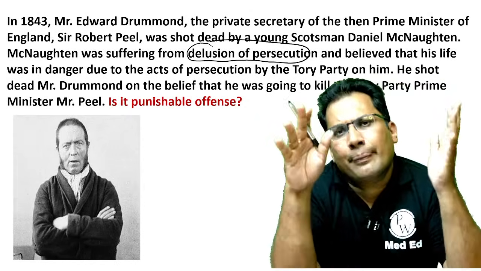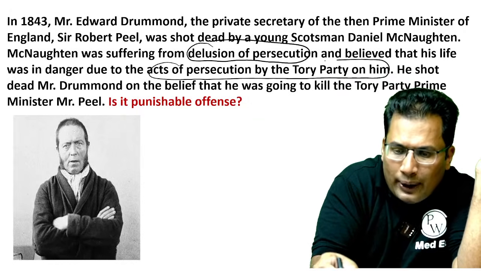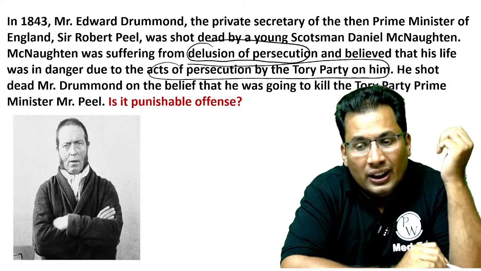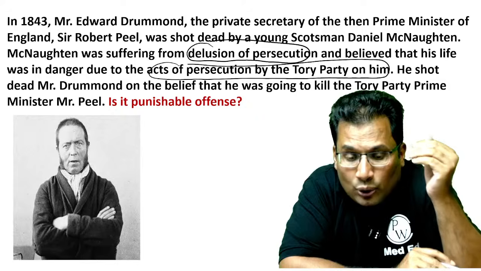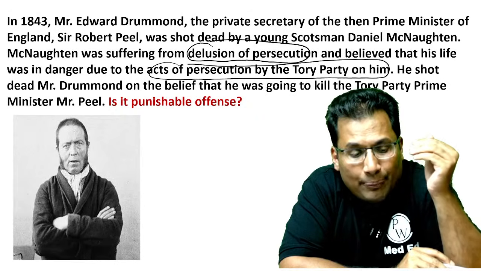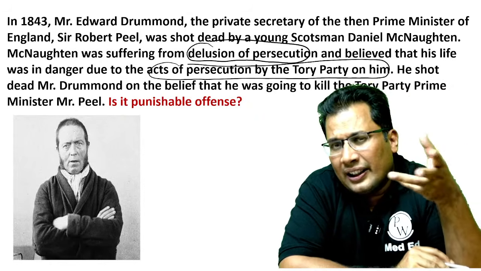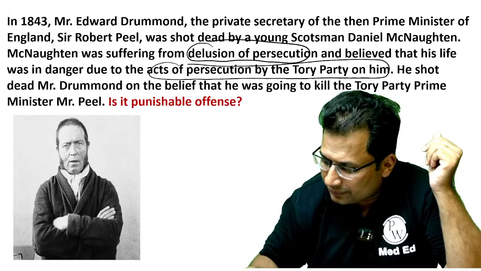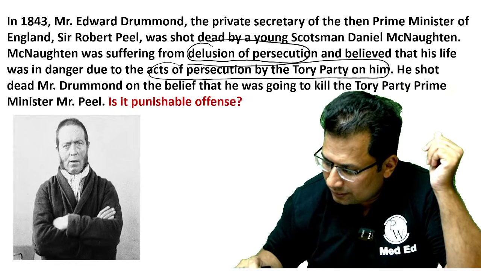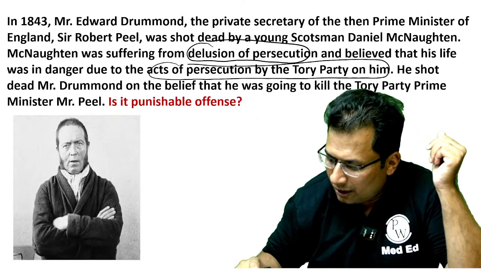Life है ना danger में है. क्यों danger में है? Acts of persecution by the Tory party on him. He shot dead Mr. Drummond on the belief that he was going to kill the Tory party Prime Minister, Mr. Peel. He tried to kill him, and during that he killed his personal secretary. So my question is, is it punishable?